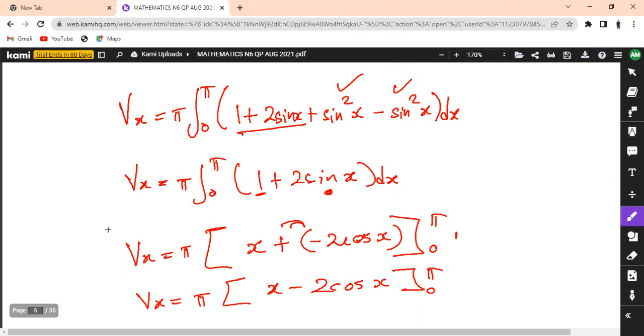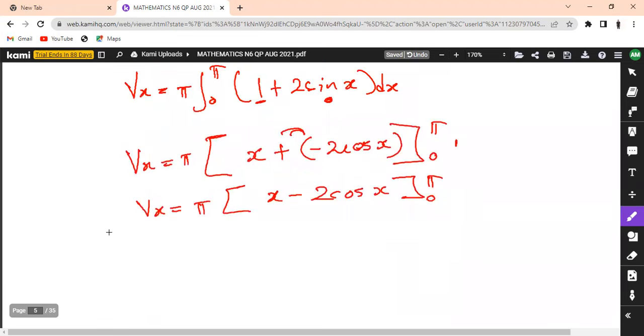Okay, so make sure that you make proper substitutions, and also that your calculator is in radians. Whenever you're dealing with this pi, make sure that your calculator is in radians. So that means your Vx is going to be pi. We just substitute the upper limit, which is pi here.